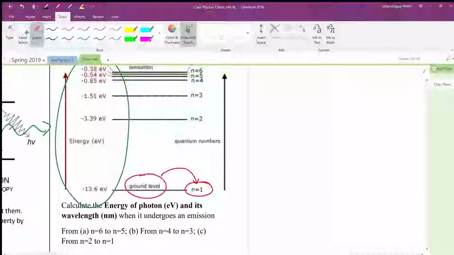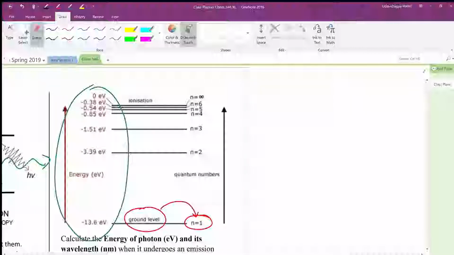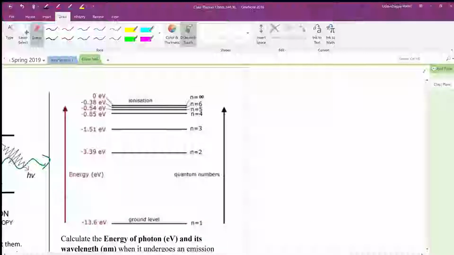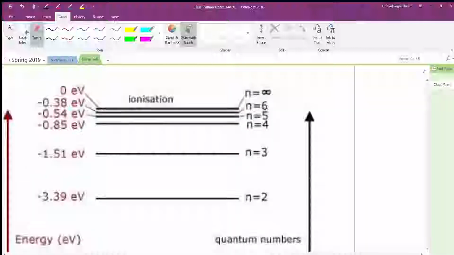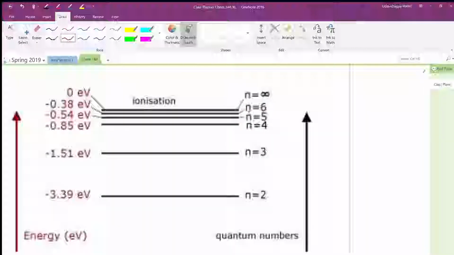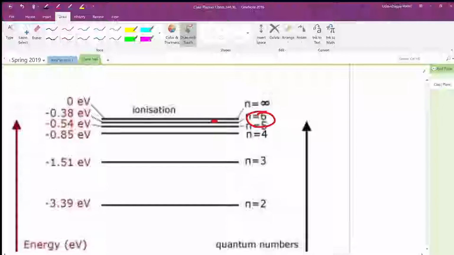So, if I were to have an energy transition, I'm going to follow from the stuff here. If you have a transition from n equals 6 to n equals 5, so from this state to the one just right below it, do we have an absorption or emission process?